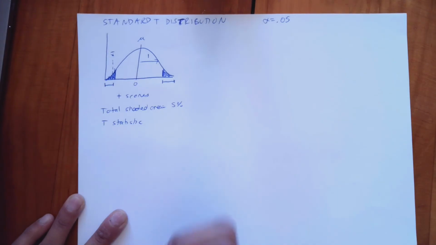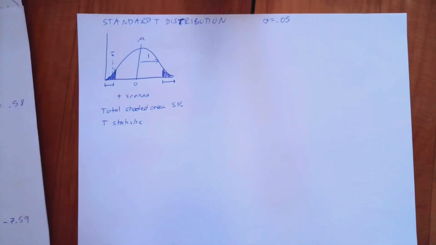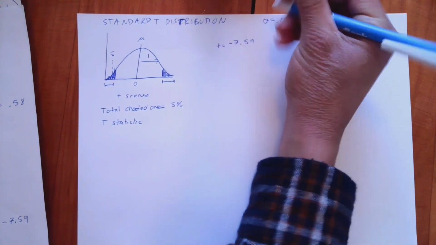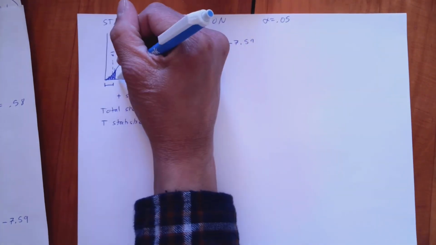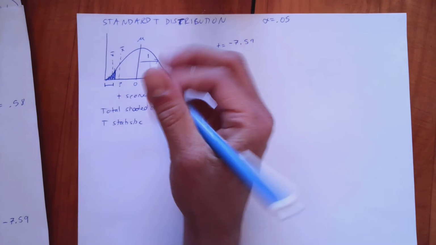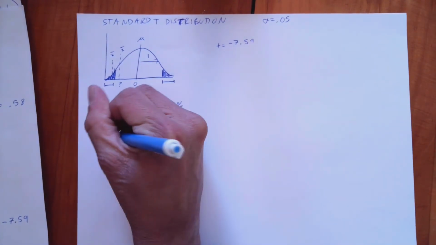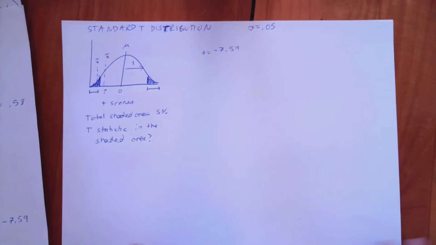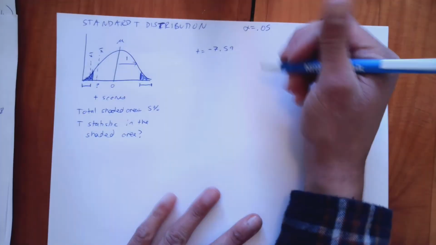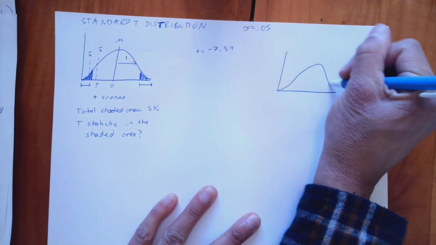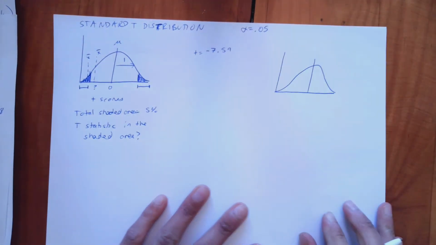So does a t-score of negative 7.59 put us in this area, or does it put us in this area here? And we don't know yet. We're going to be answering that question by calculating something called a p-value.